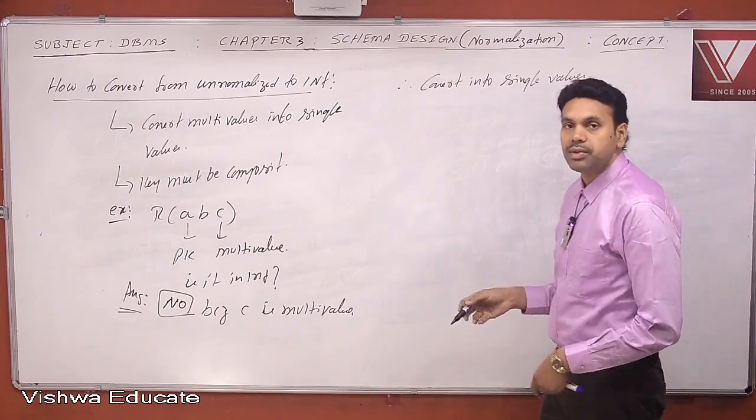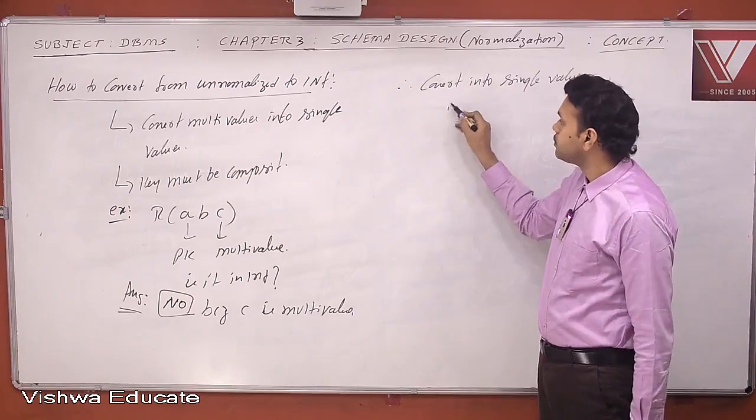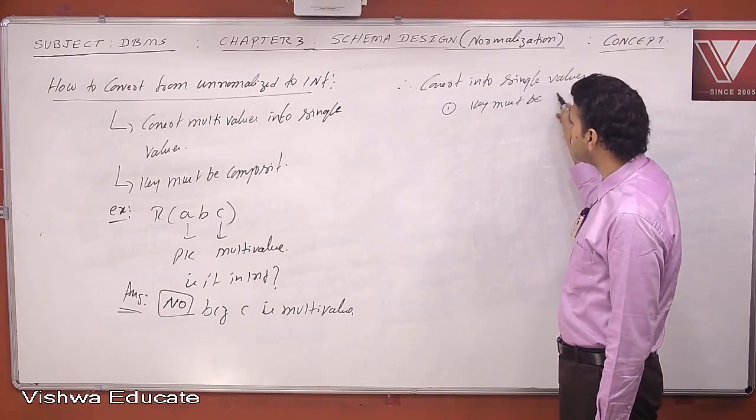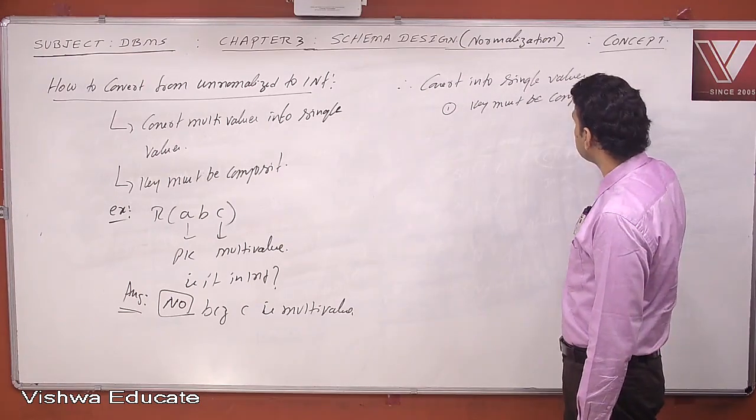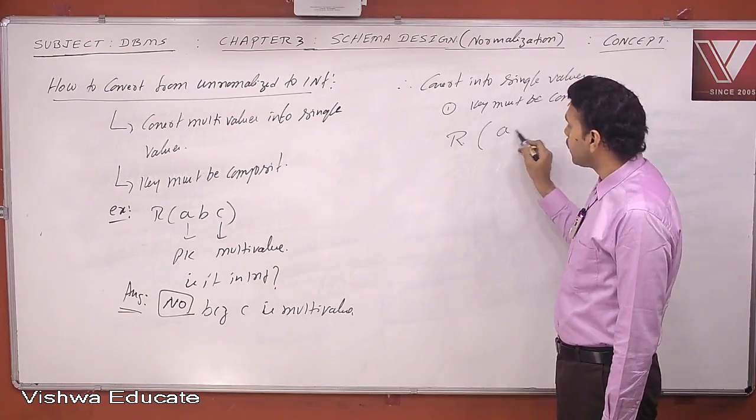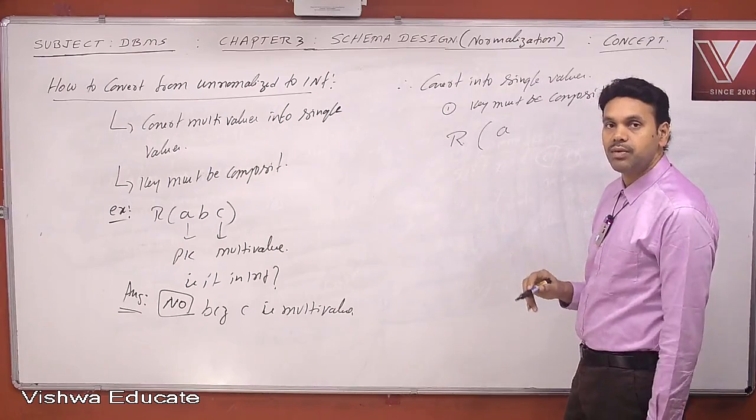So how to convert into single values? I said key must be composite. So A is your primary key, C is the multi-value column.